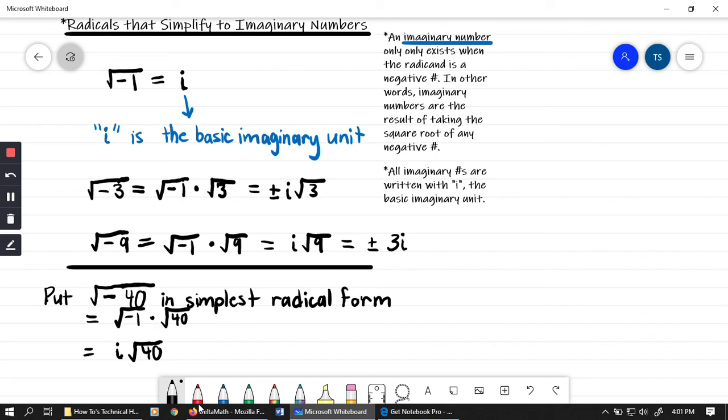Remember that we can simplify a radical if we identify the perfect square factors of 40. Think about factors of 40 that might be perfect squares, and pick the pair that has the largest perfect square. We're going to do that now.